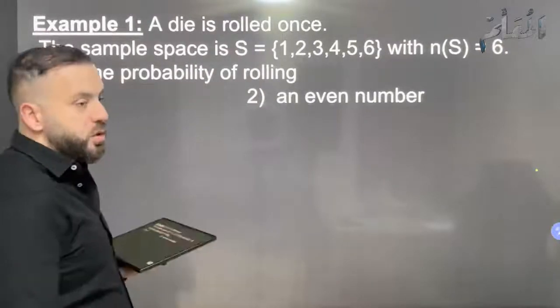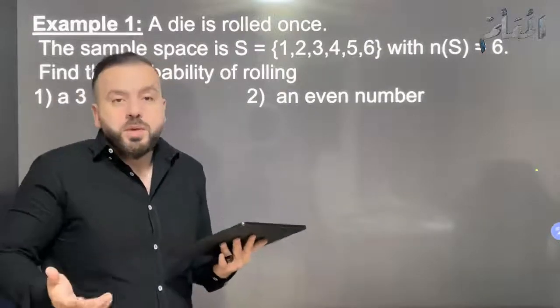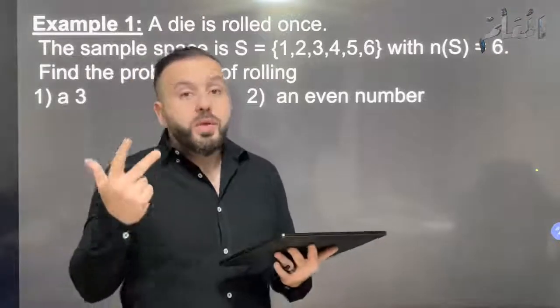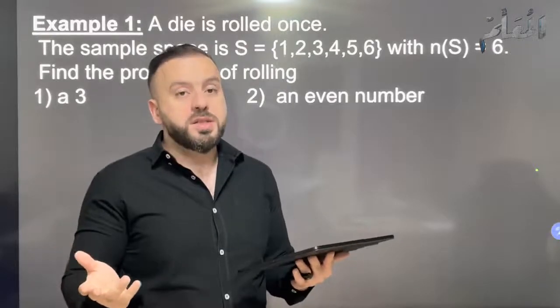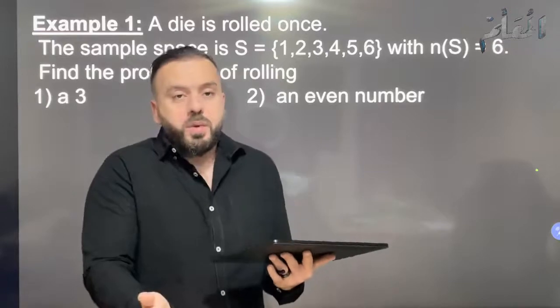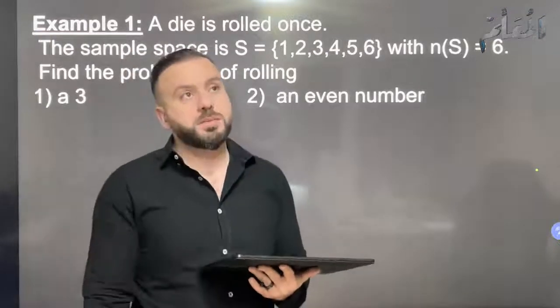The sample space of the die means all the possible outcomes that come from the die. What are they? It's 1, 2, 3, 4, 5, 6. Those are the possible outcomes, but it's not the probability. So what's the probability to have 1? 1/6.